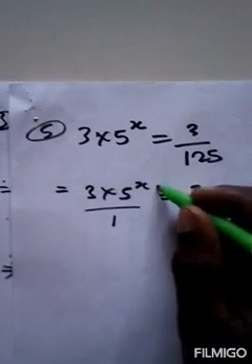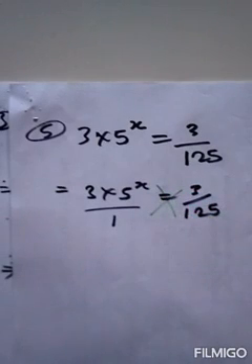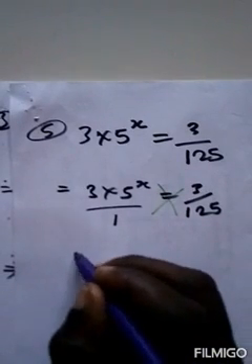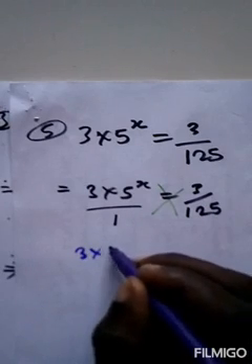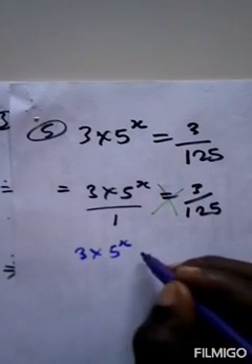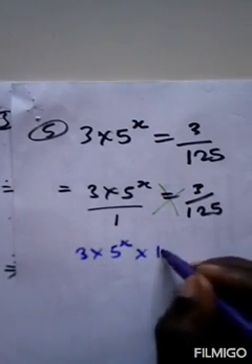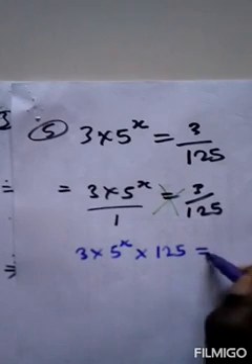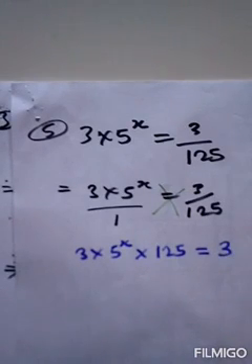When you do your cross multiplication, what we are going to come up with is 3 times 5 to power x times 125 is equal to 3.